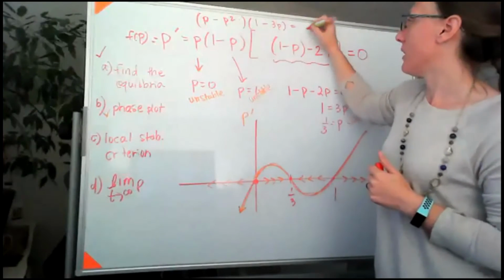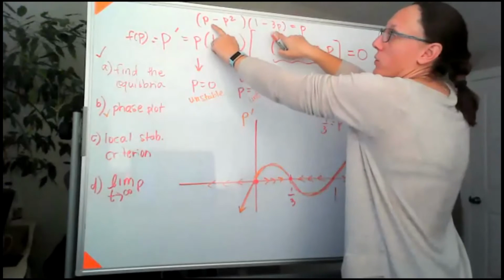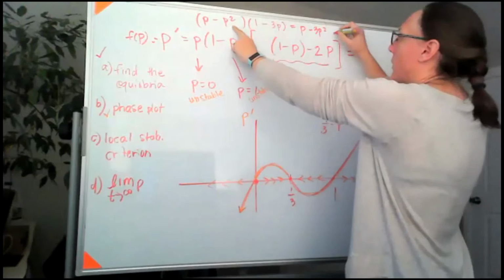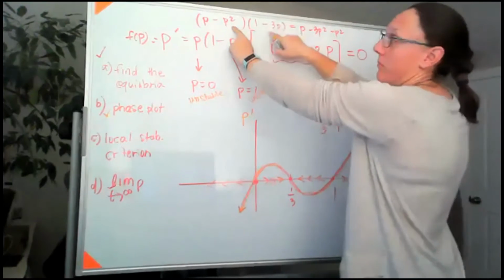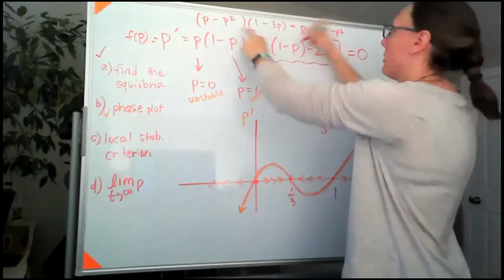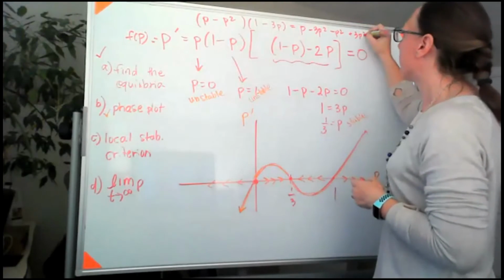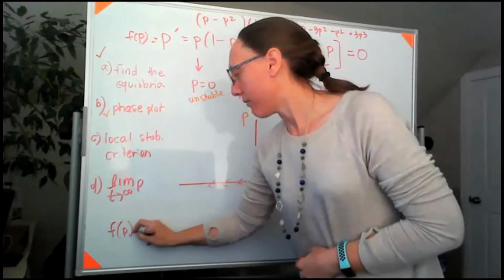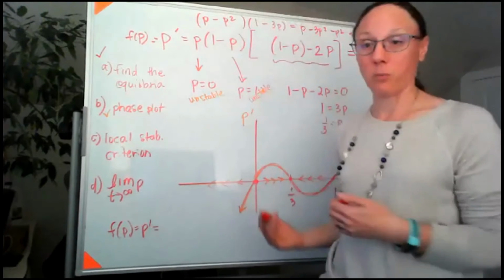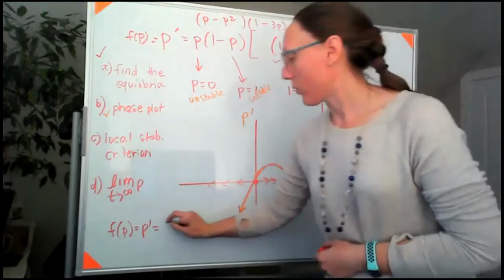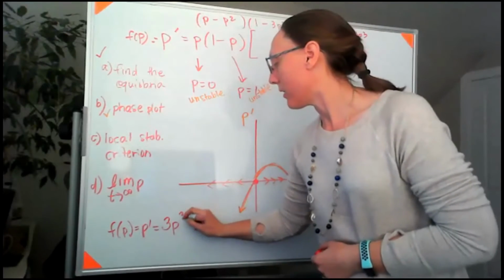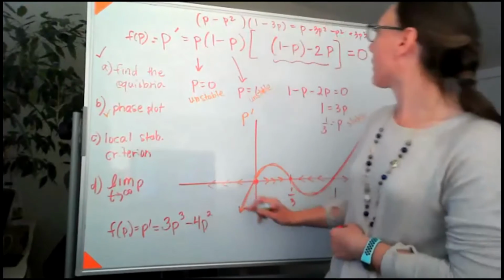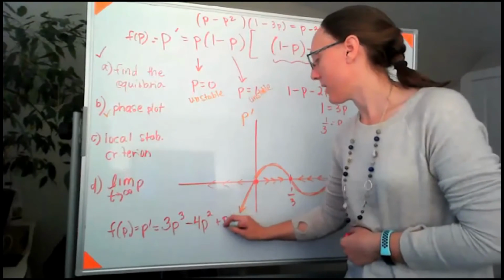So I'll have p minus 3p squared minus another p squared plus 3p cubed. To recap that, my f of p, which was p prime, when I multiplied everything out, worked out to 3p cubed minus 4p squared plus p.